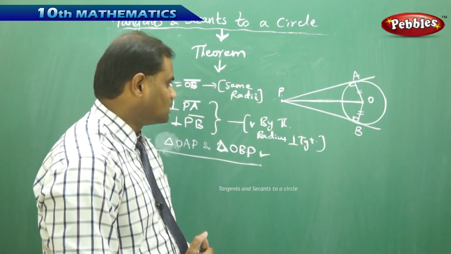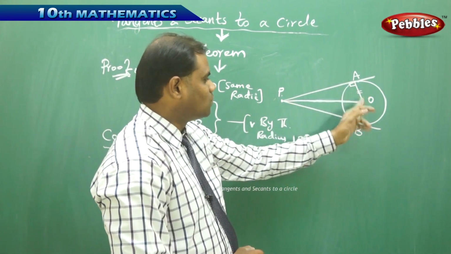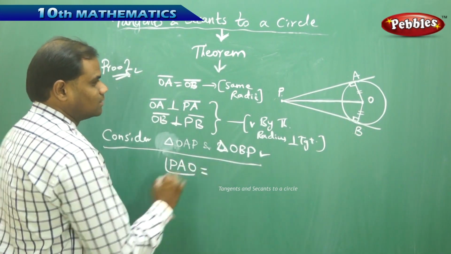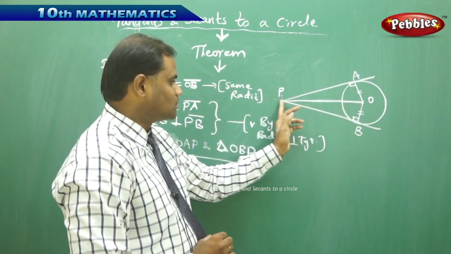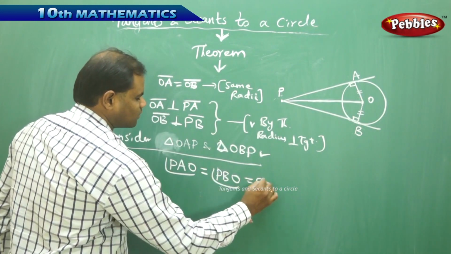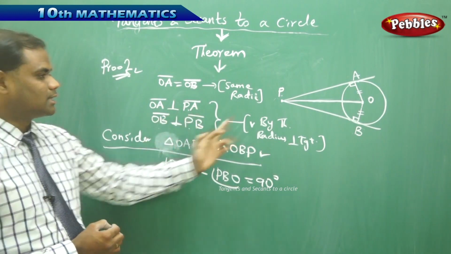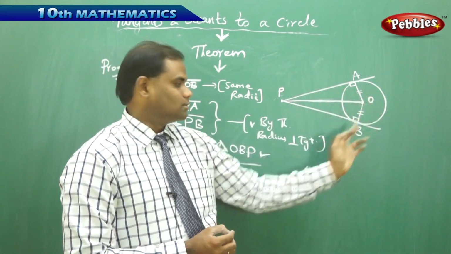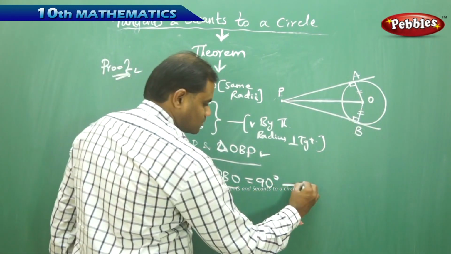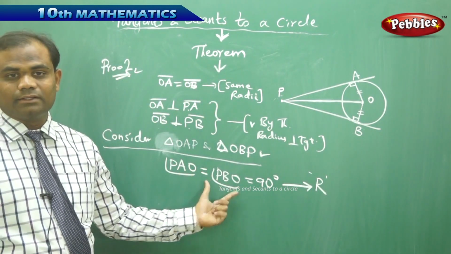Now, I clearly observe that the right angle here is PAO, which is 90 degrees. Therefore, angle PAO of the first triangle is equal to angle PBO of the second triangle, because each of them is 90 degrees, as already proved using radius perpendicular to tangent. So one angle is 90 degrees, a right angle, in both triangles.